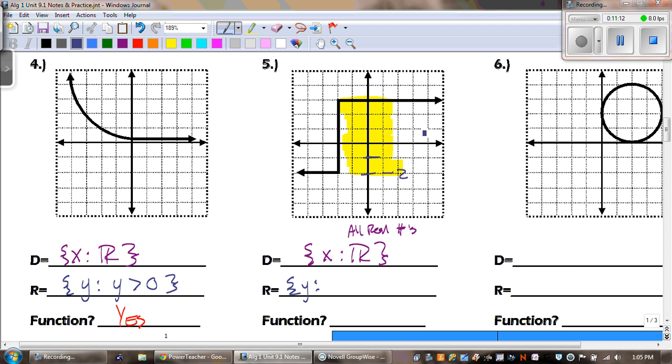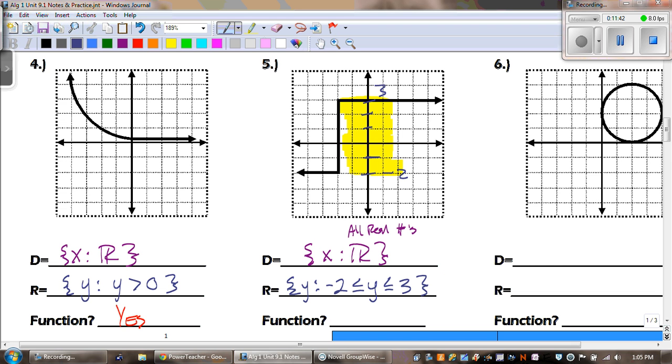It's at -2, and this is at +3. So y can be anywhere in between there. So we would start with where it starts, at -2, because we always start from lowest to highest. And we're going to have it point to the left, and I'm going to show you why in a second. Okay, so -2 less than or equal to y, which is less than or equal to 3.